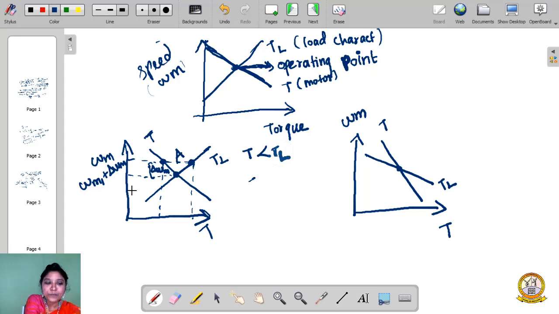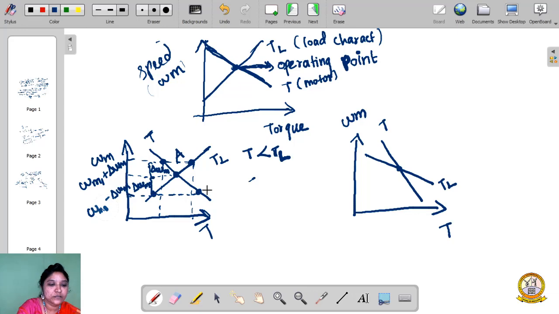Similarly, in the next case, we decrease the speed. In the first case I did it for increasing the speed; the next case is for decreasing the speed. This is decreasing by the same amount, delta omega m. Now this is the point omega m1 minus delta omega m. So this new point will be like this.